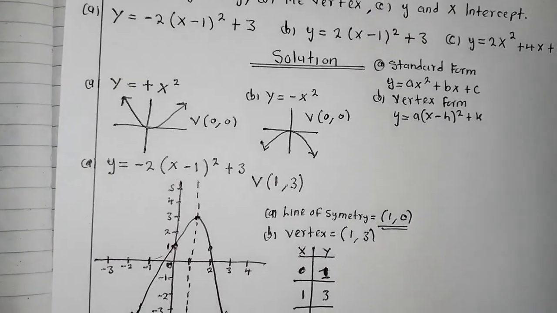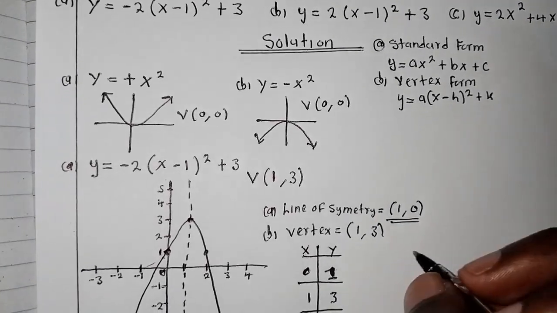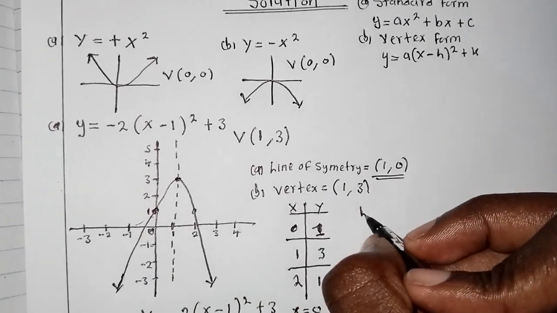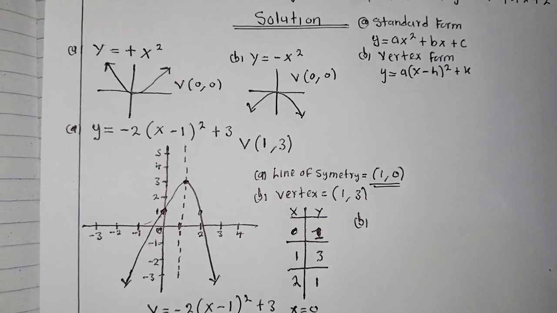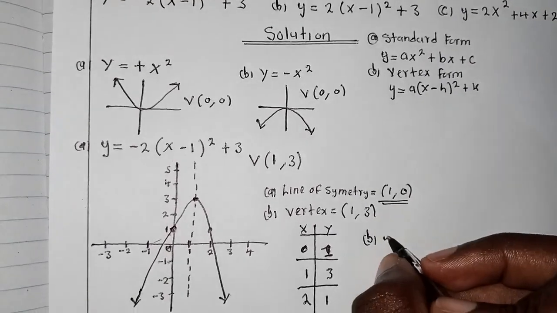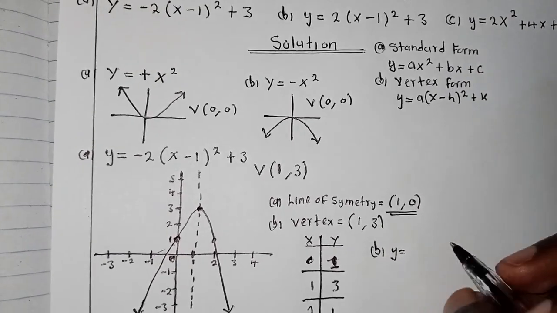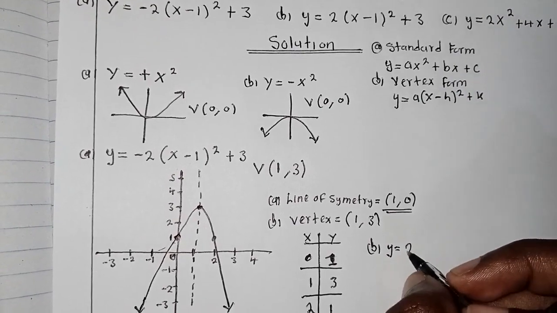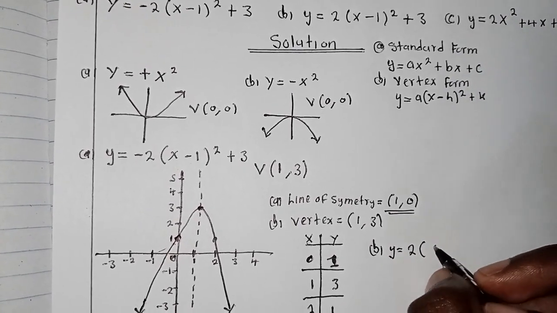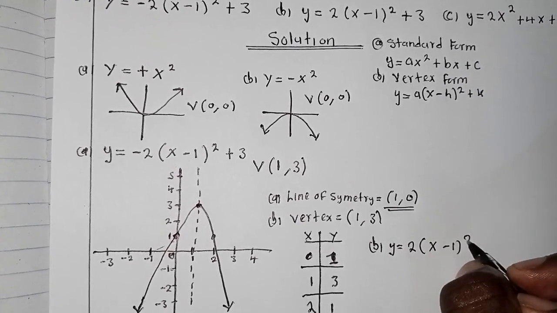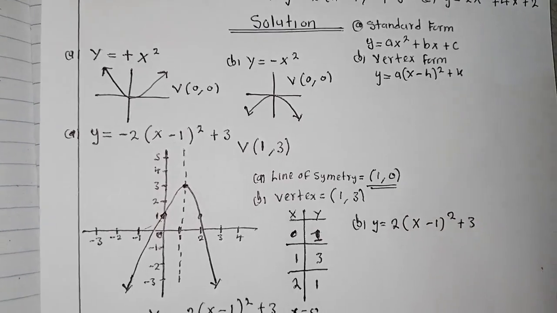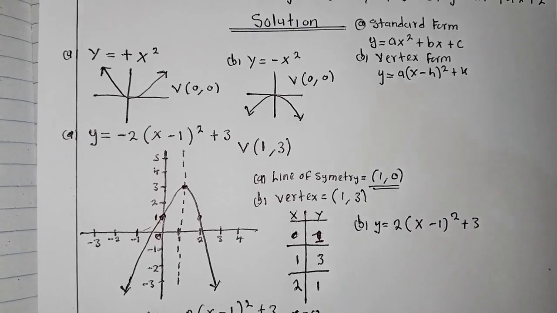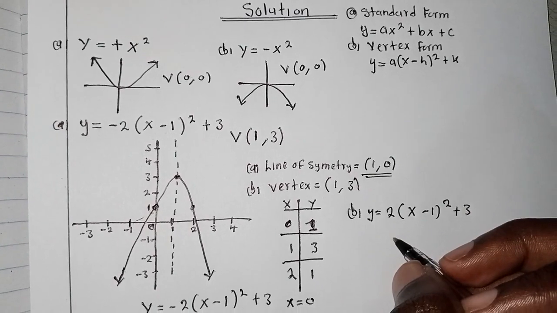The next question, which is B, we can do from here. So B is simply saying we have y equal to 2(x minus 1) to the power 2 plus 3. Of course, the same concept applies to the vertex. Where is the vertex?